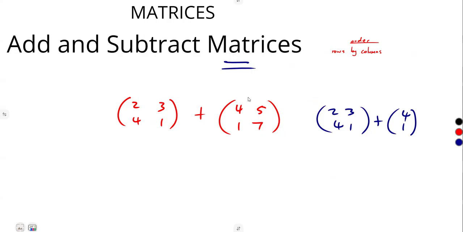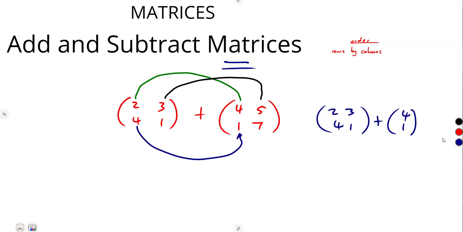All right. For the first question here, given these two matrices, we can see that there are elements. Remember I said whatever is inside here, I'm just going to call it elements. So 2 corresponds to this element 4, all right? And 3 corresponds to the element 5. Let us consider this row and this one. 4 here corresponds to this 1, and 1 corresponds to 7.